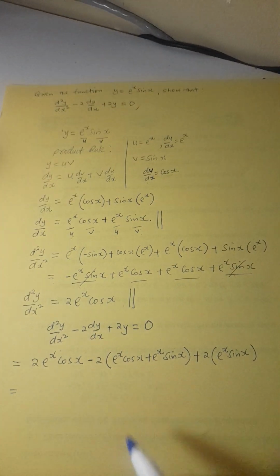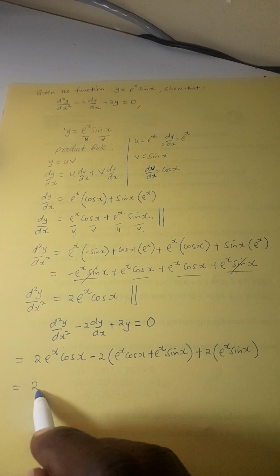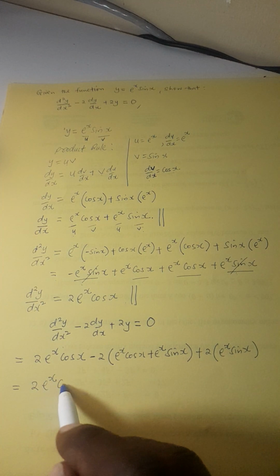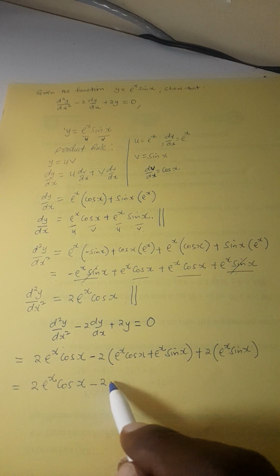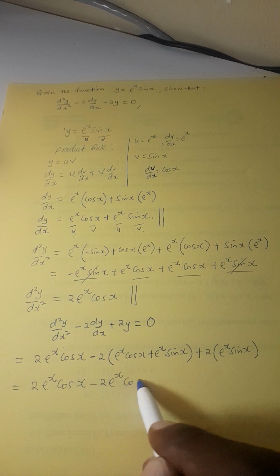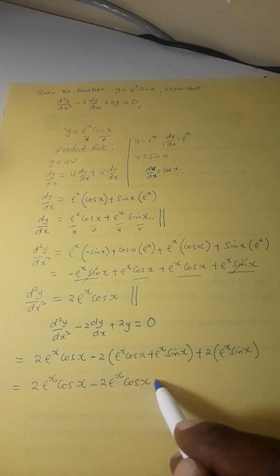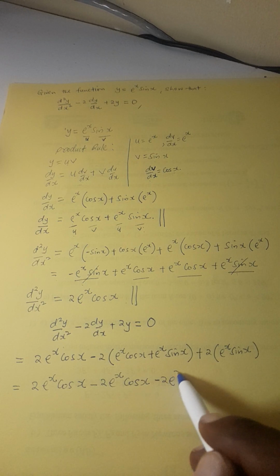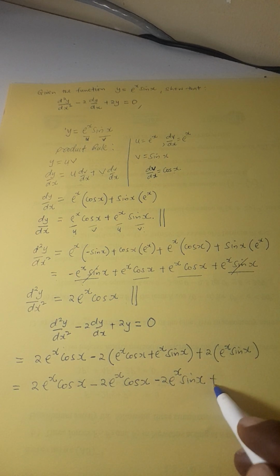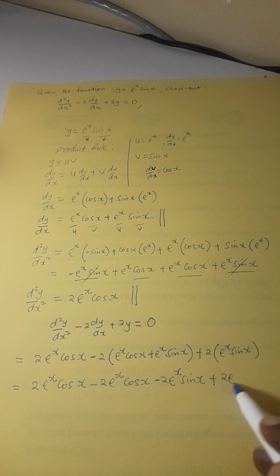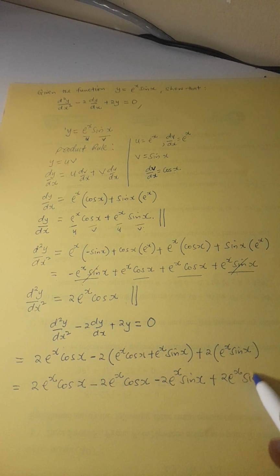Open the bracket. 2 e raised to x cos x minus 2 e raised to x cos x minus 2 e raised to x sin x plus 2 e raised to x sin x.